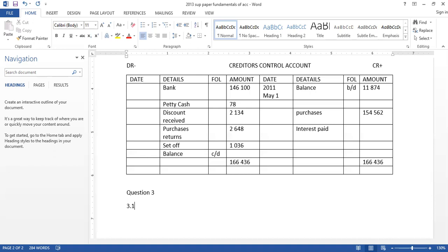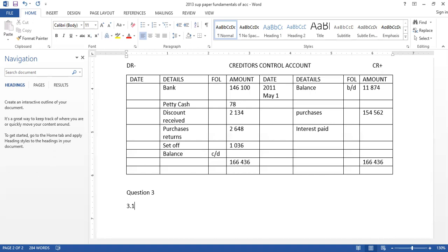When we did the 2018 question paper, I gave you what unpresented checks are, and when we did the bank reconciliation, I also told you what dishonored checks are. You should be able to differentiate between those two just by giving the definitions of the two.